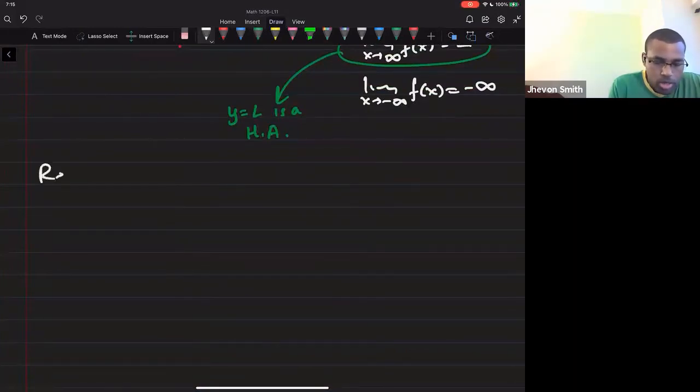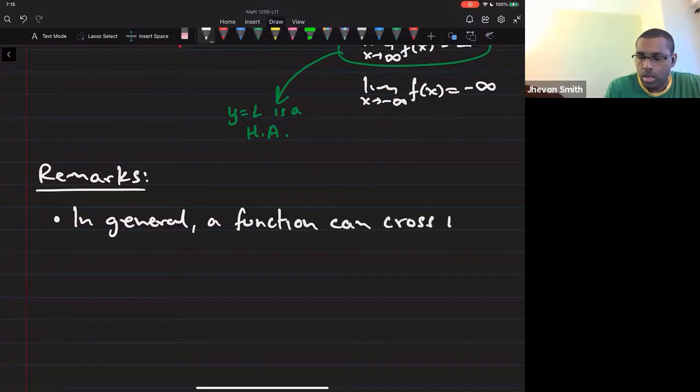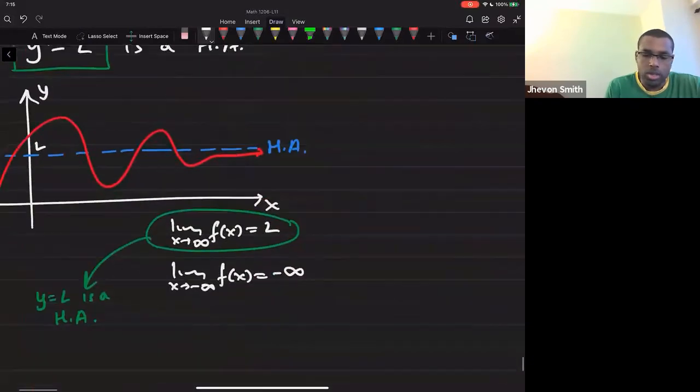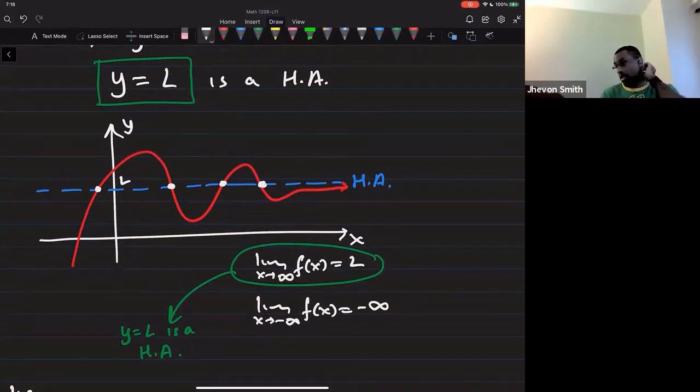Some remarks here. In general, a function can cross its HA multiple times. So notice that this function here comes across the HA several times before actually settling there.